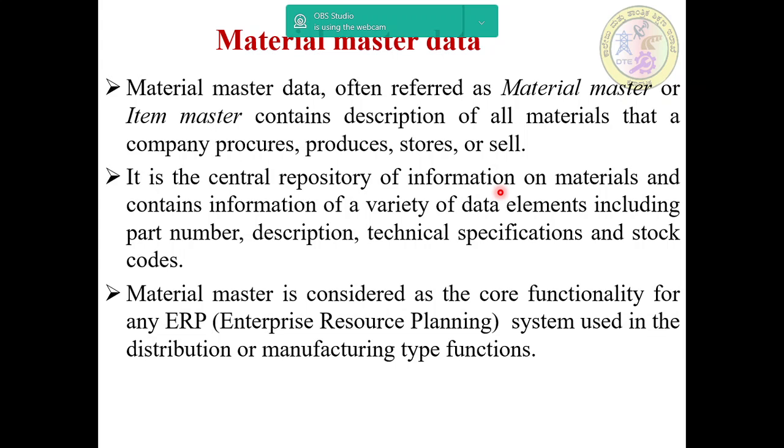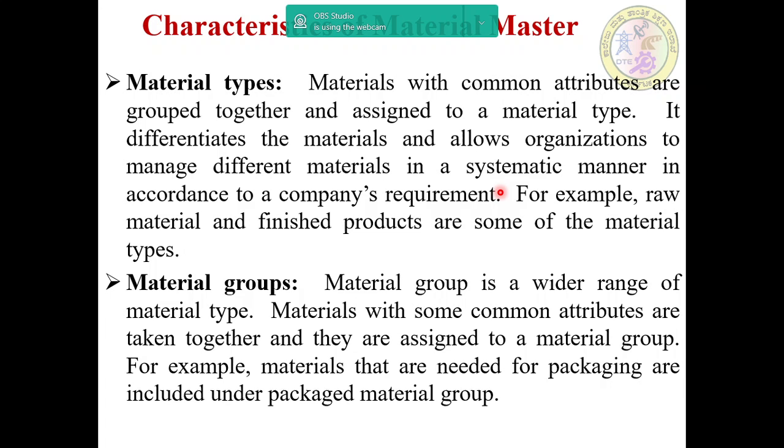The description of individual materials used in a company is stored in material master records, and the following list shows some types of information a material master record contains and provides examples of each.